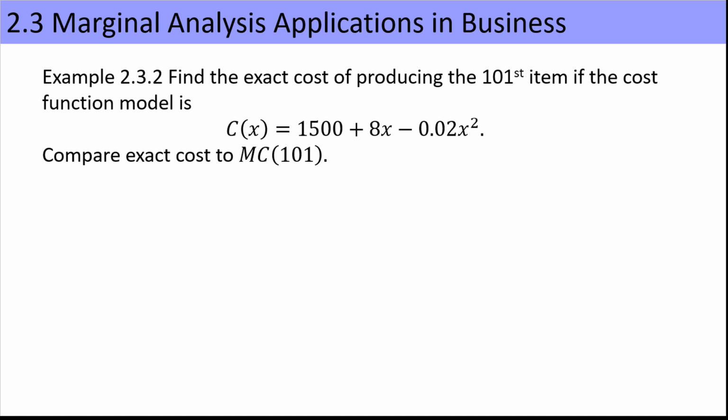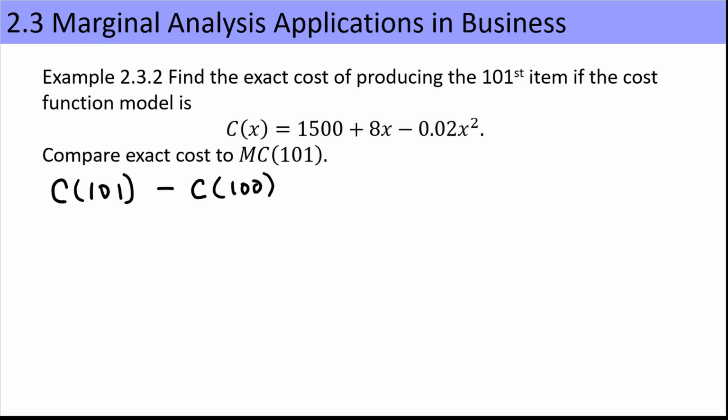The cost to produce the 101st item is the total cost to produce 101 items minus the total cost to produce 100 items. That is, we need to compute the cost function at 101 and subtract the cost function at 100.